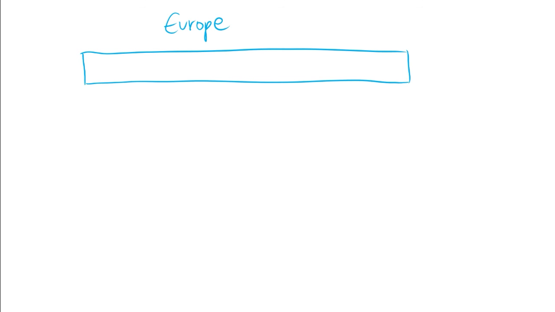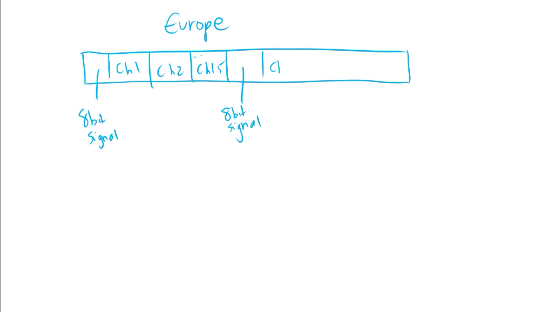So it's got an 8-bit signal, and then channel 1, channel 2, channel 15, etc. And then you have an 8-bit signal, and then channel 16 all the way to channel 30. So you have 30 data plus 2 signal. That's 32 channels.